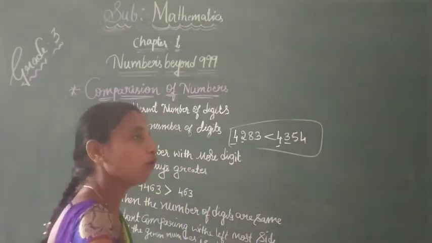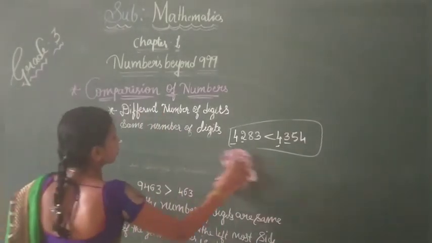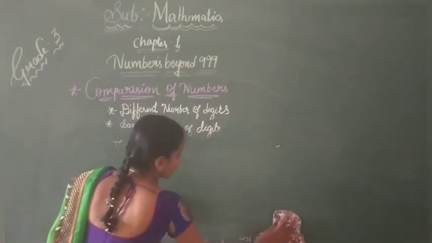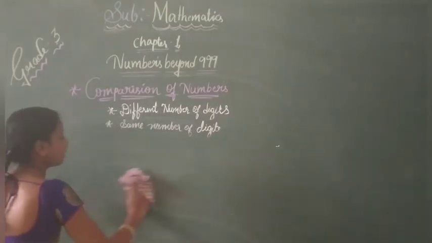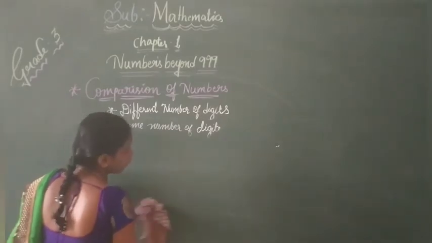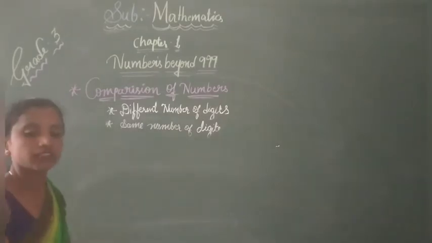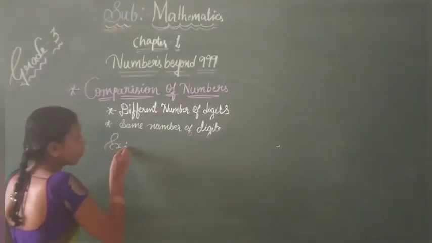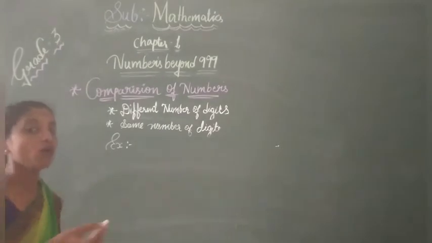How to compare different numbers of digits and the same number of digits. I will show some more examples. Look carefully, children. You have to tell the answer.